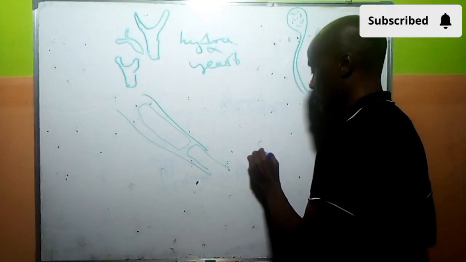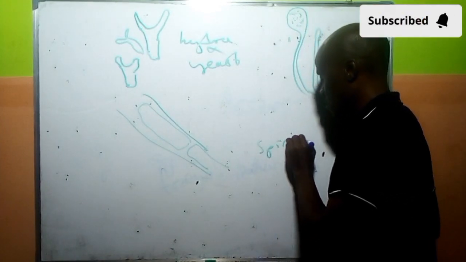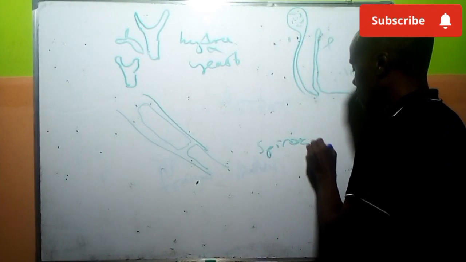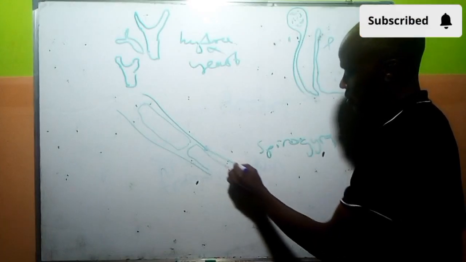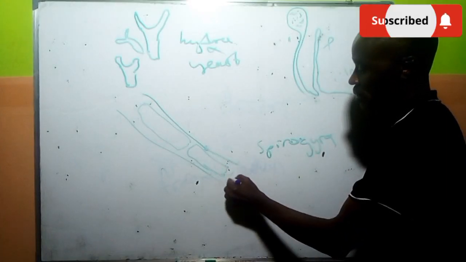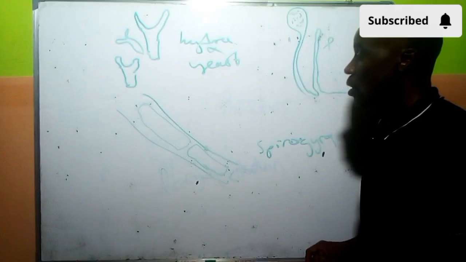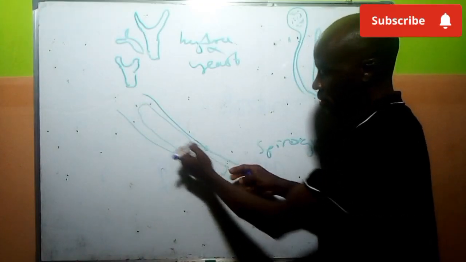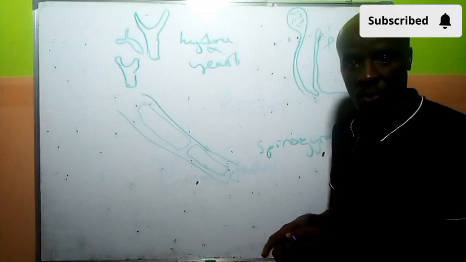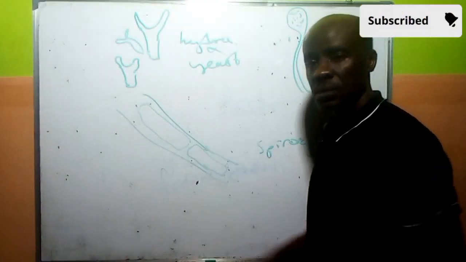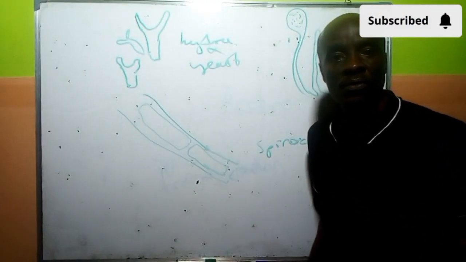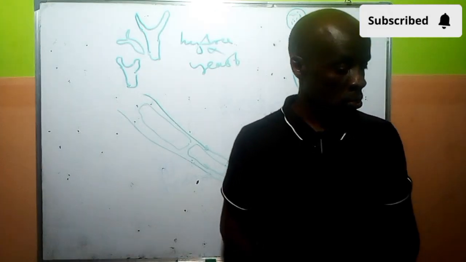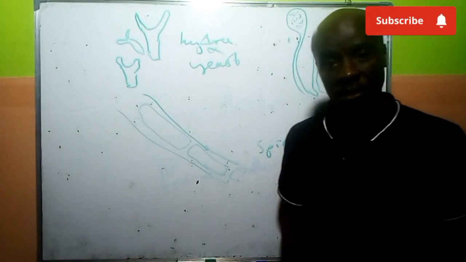In Spirogyra, as they grow, they fragment, because each of the cells will split. They just fragment and then develop into new daughter cells.